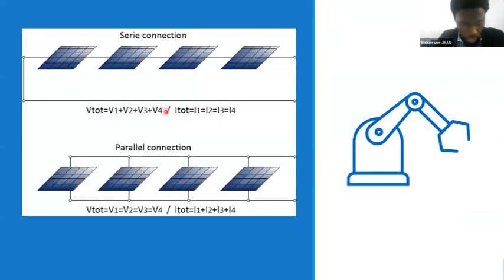So here is the way to see the type of connection of the solar module. Here we have a connection in series. It is a basic thing, but I do that as a reminder. The global voltage of a string is the sum of the voltage of each solar module, and the current, in this case, is the same current for each one of them.